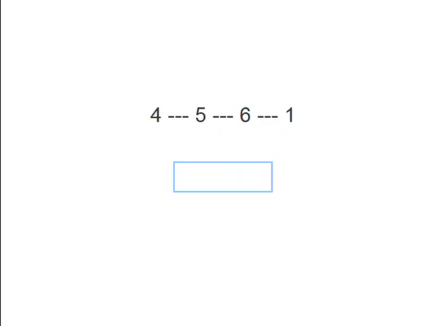All right, new problem. So we have a 4, a 5, a 6, and a 1. So again, let's make the biggest number possible. So what number would we start off with? Right, the 6. 6 is the biggest number we have. Okay, and 1 minus 6 is the 5, so that's next.